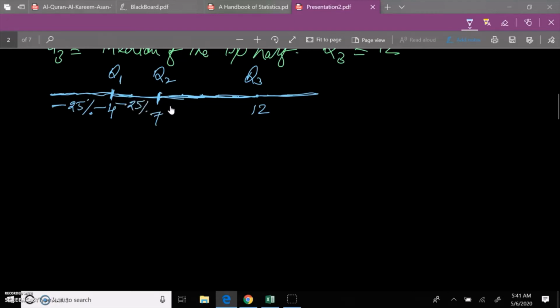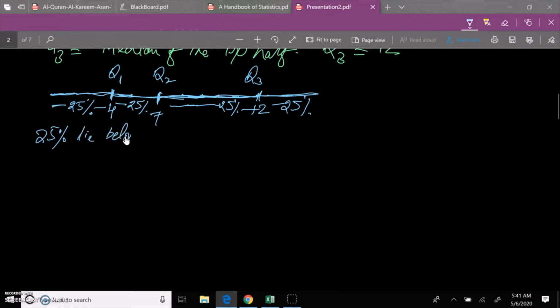This is another 25%, and this is the top 25%, right? That's why this is called a quartile. It divides our data into roughly 4 equal parts: 25%, 25%, 25%.